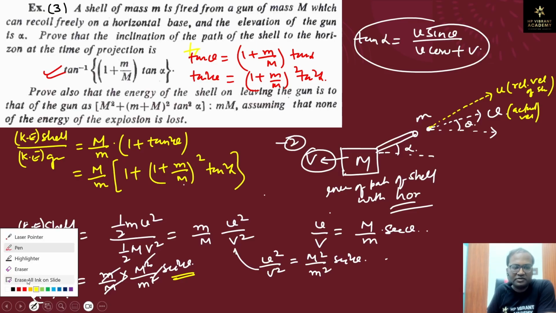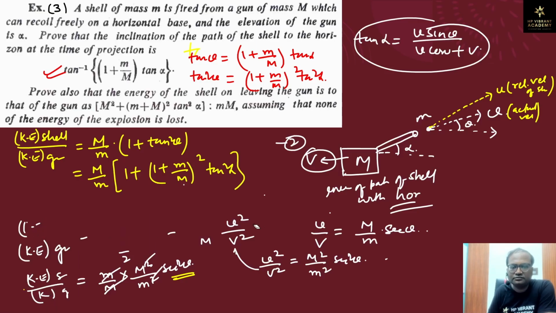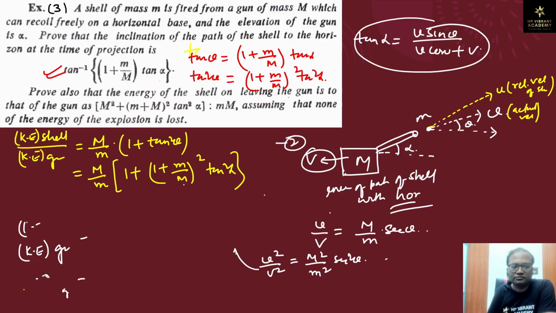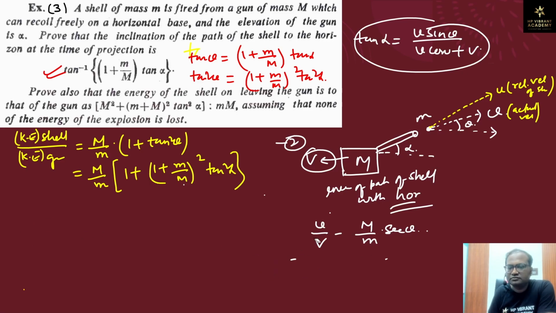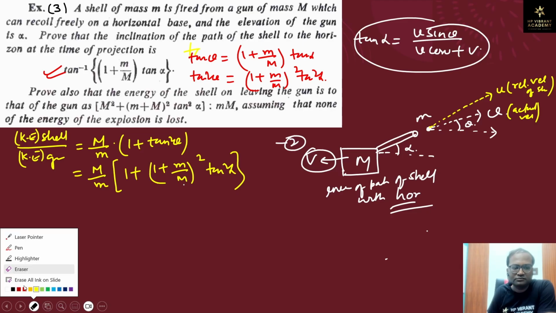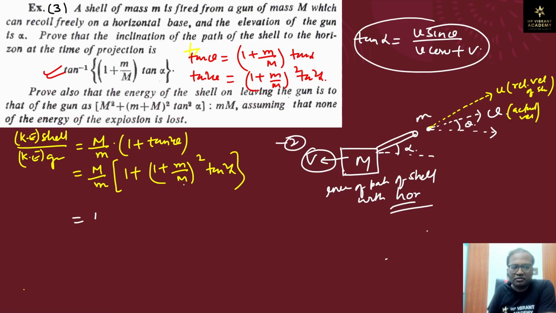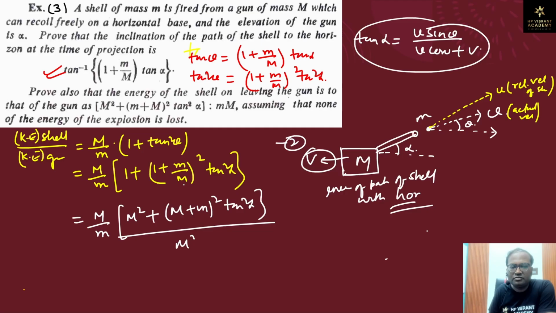Let us further simplify this. Capital M upon small m into capital M square plus capital M plus small m whole square into tan square alpha upon capital M whole square.